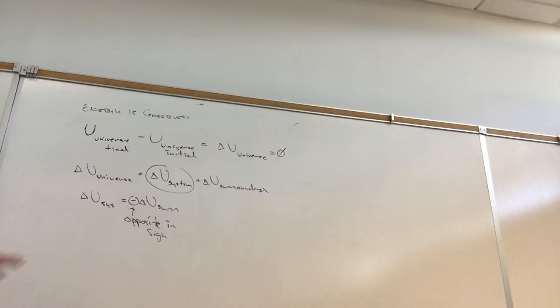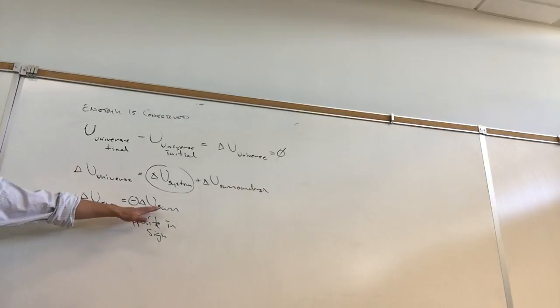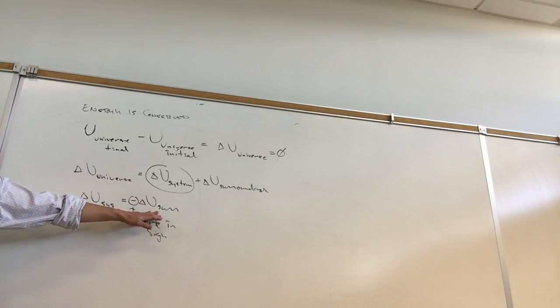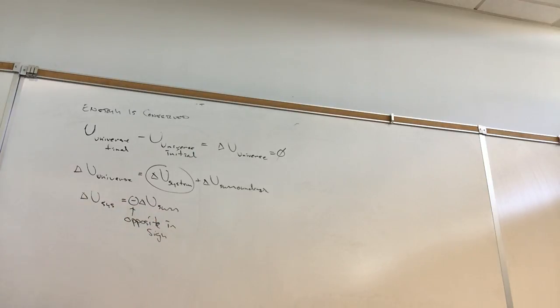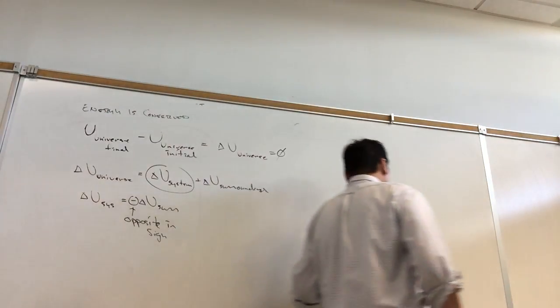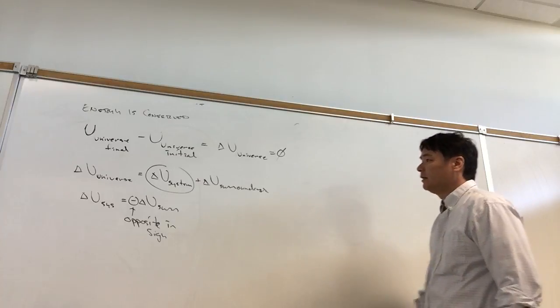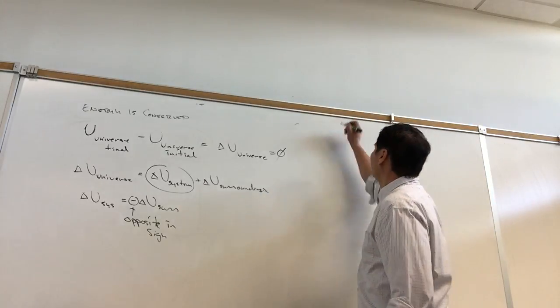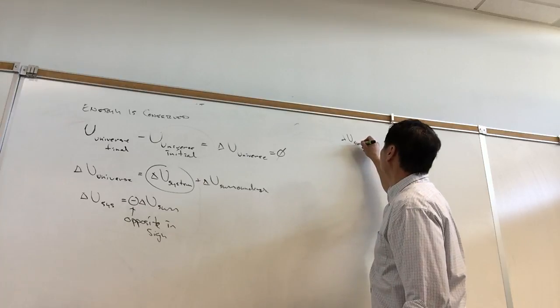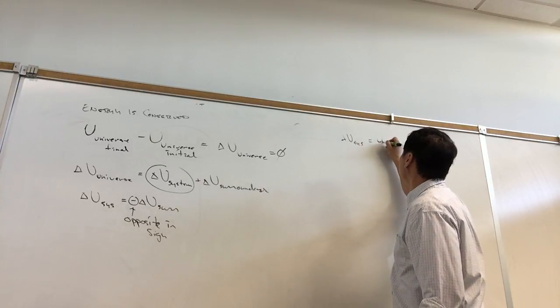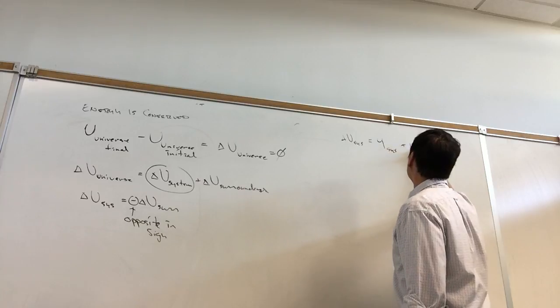For example, let's say the system lost 500 joules. That means the surroundings must have gained 500 joules, because the first law in words in Chem 4 is energy is neither created nor destroyed. The total energy of the universe is constant. Those are all ways of saying this. Now, delta U of the system is equal to what we call Q of the system plus W of the system.